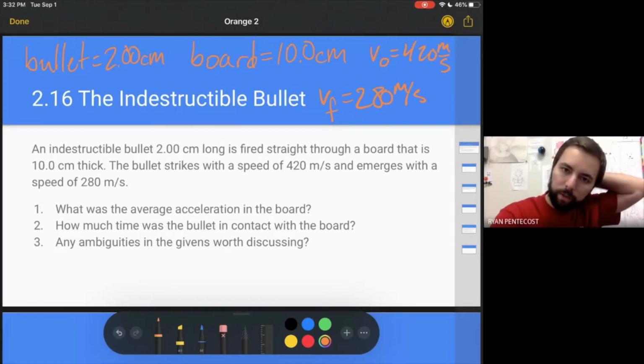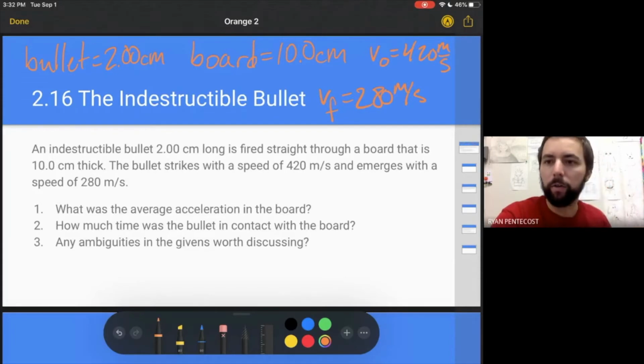So first, let's figure out which orange equation we need to use. Last time in our orange part 1 video, we went over the 3 orange equations and why we need to carefully choose which one we use, because we may have a given that's not in that equation.